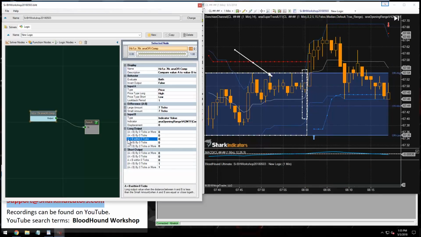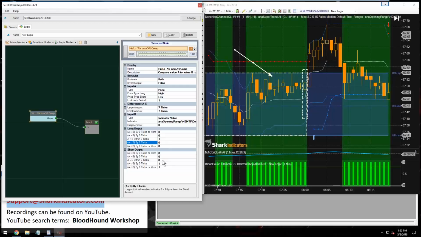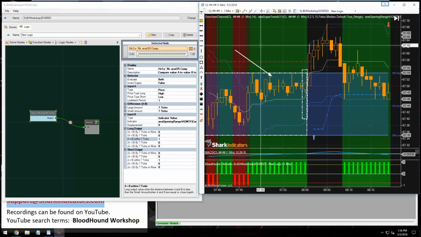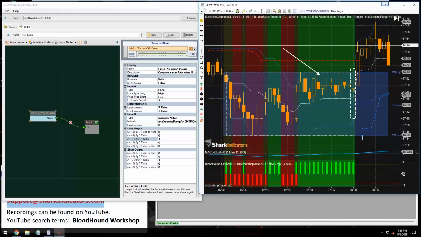I'm going to use the A equals B within. And oops, put a 1 in there. Set those to 0. Set a 1 in there, like so. So we have A equals B within 7 ticks. And now if we take a look, there we go.